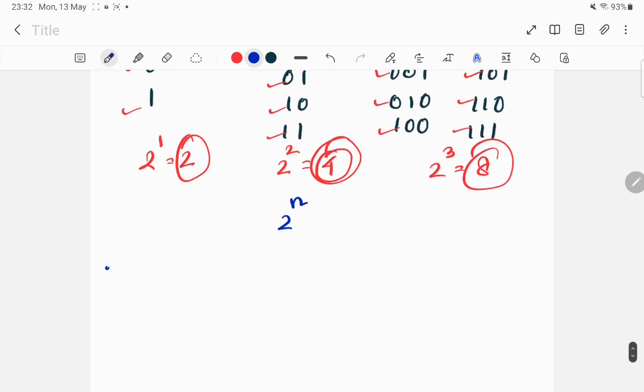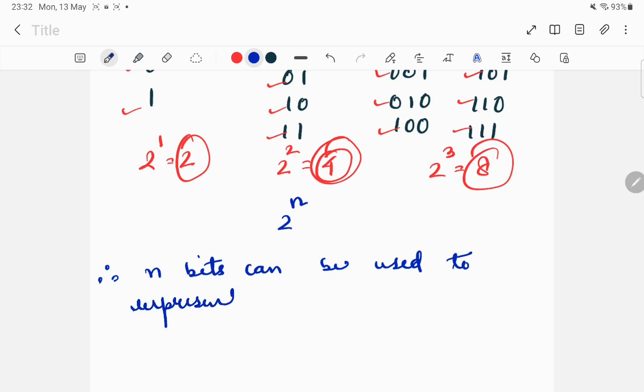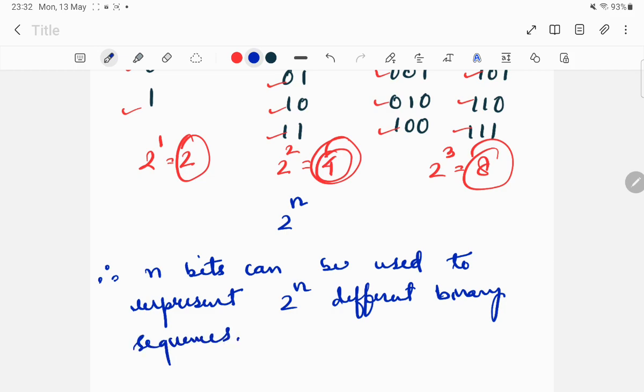So it says that n bits can be used to represent 2 to the power n different binary sequences.